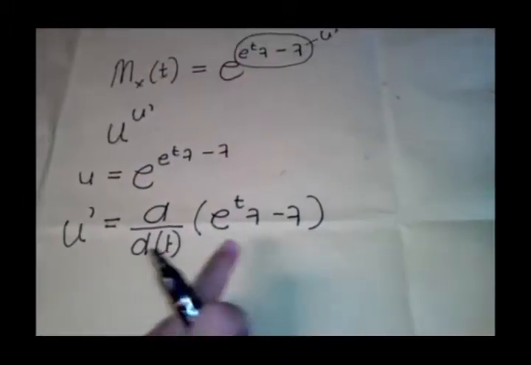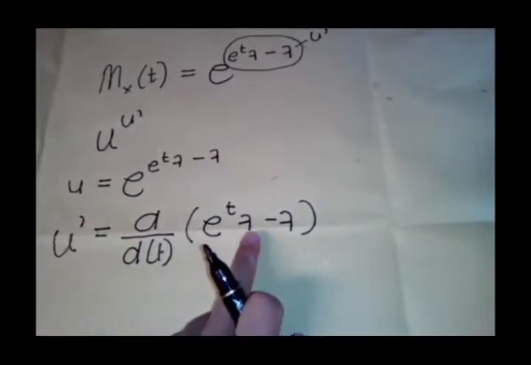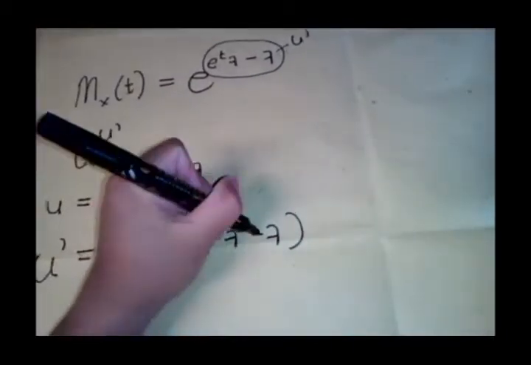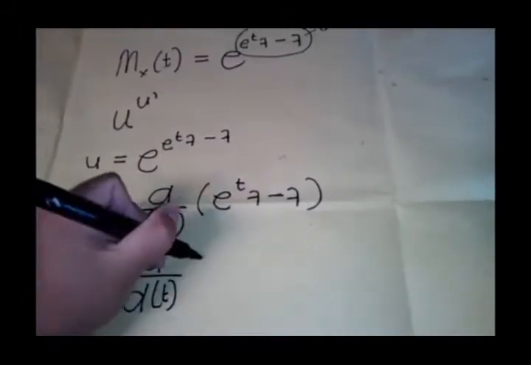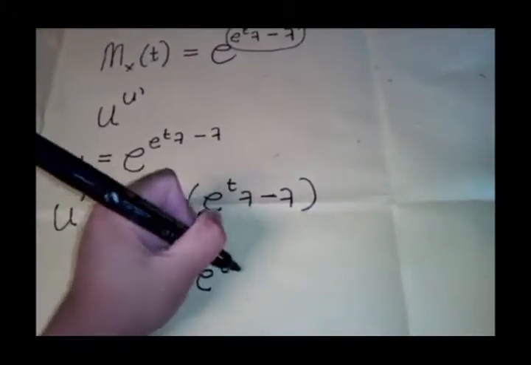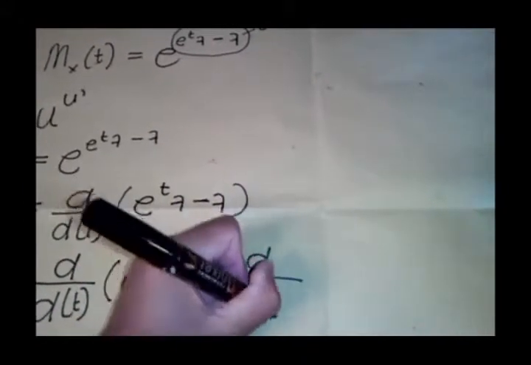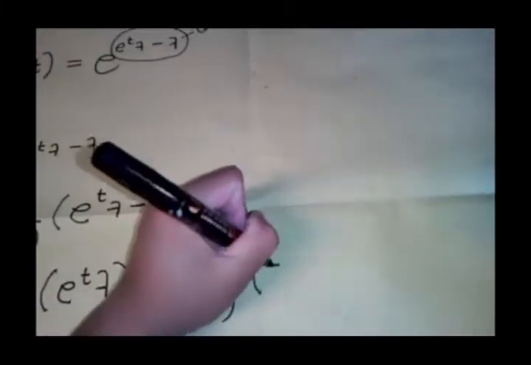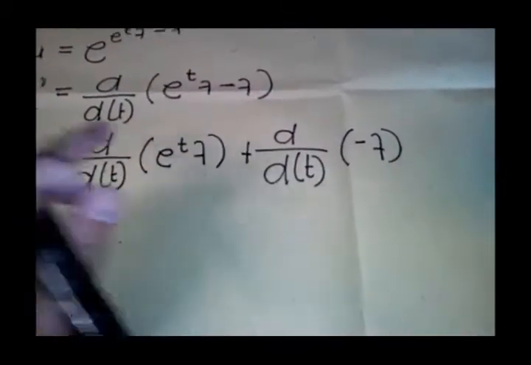Since we have two terms, we need to get the derivative of each term. So we have the derivative of e^t lambda plus the derivative of negative lambda with respect to t. Since lambda is constant, we factor it out.